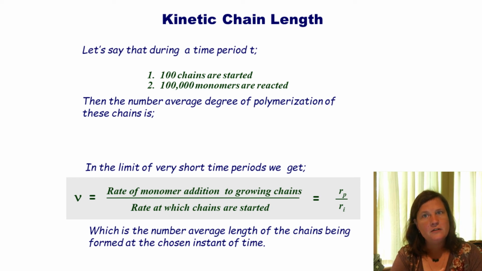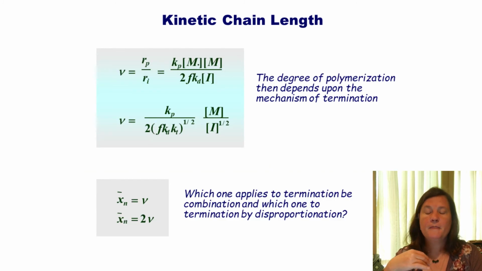And if we want to put that in terms of kinetic quantities, we need the rate of monomer addition to the growing chains, the rate of propagation, over the rate at which we're starting the chains. And that's going to give us that kinetic chain length. The kinetic chain length, again, is RP over RI.